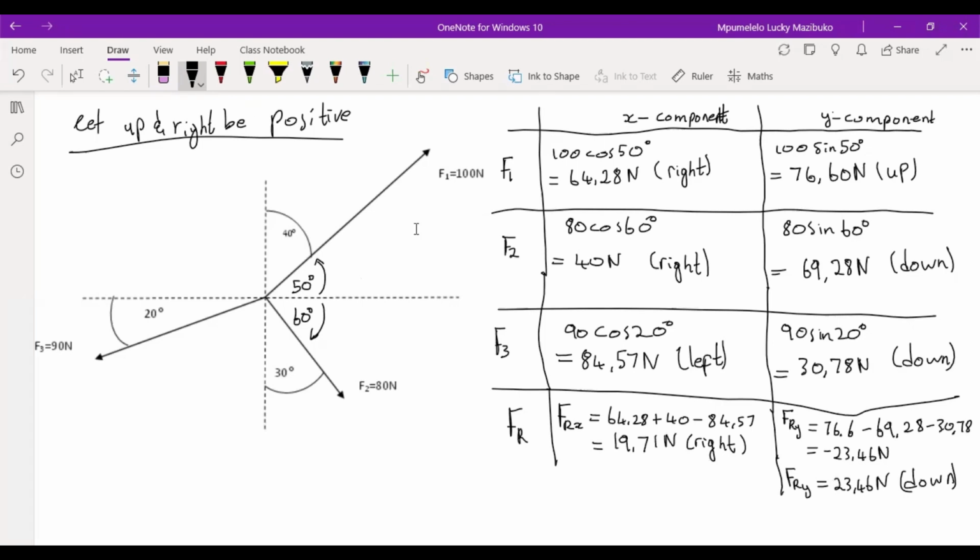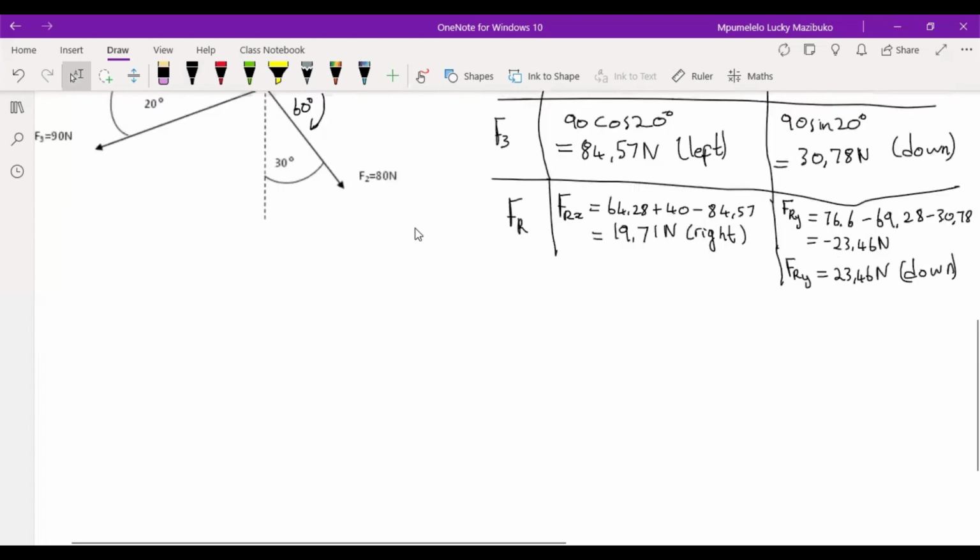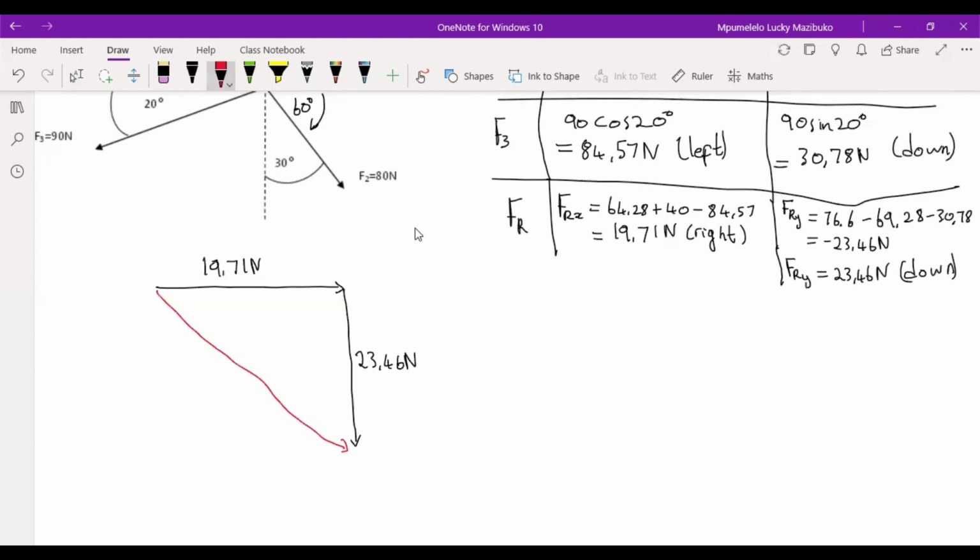So that means we've boiled down to only two forces: a force to the right of 19.71 newtons, and a force down, which is slightly larger, of 23.46 newtons, meaning that our resultant is in that direction, and the angle is right there.